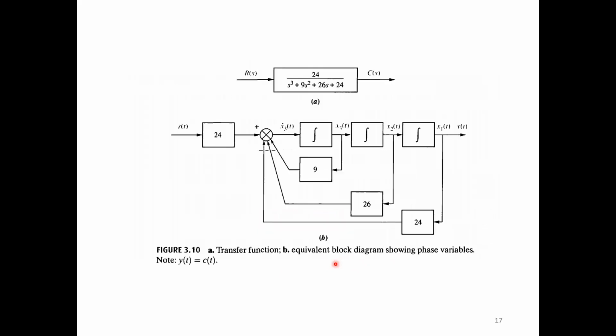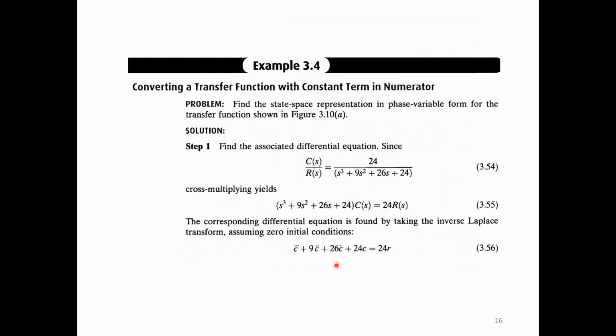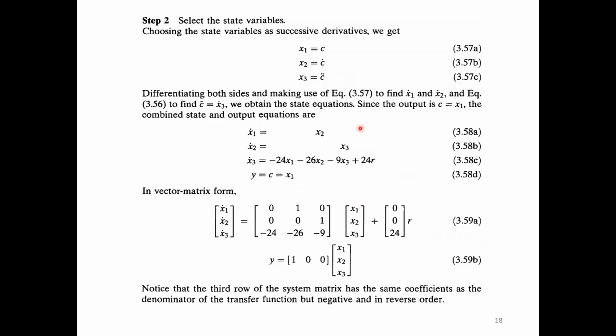Now you have to select the state variables. So which are the differentiators? C dot, C double dot, C triple dot. Let's say x1 is equal to C, x2 is equal to C dot, and x3 is equal to C double dot.